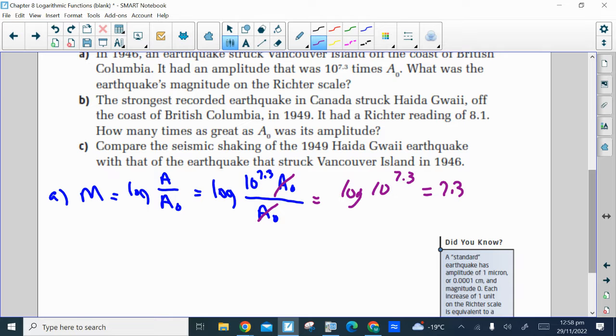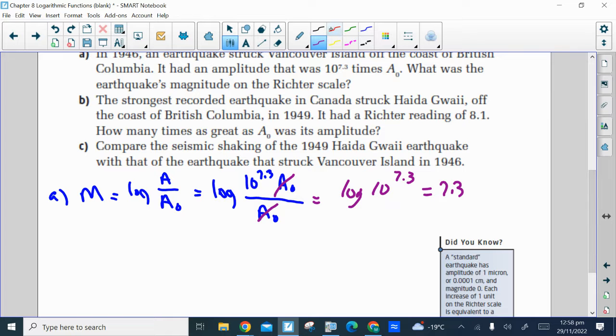Question B: the strongest recorded earthquake in Canada struck Haida Gwaii off the coast of BC. That used to be the Queen Charlotte Islands, north of Vancouver Island. In 1949, it had a Richter reading of 8.1. How many times as great as A sub 0 was its amplitude?